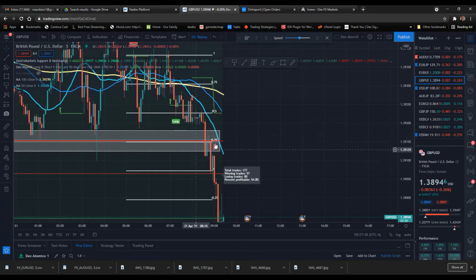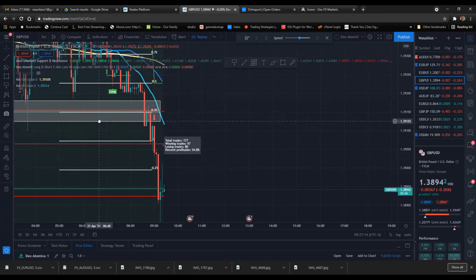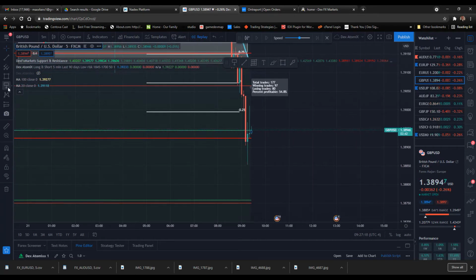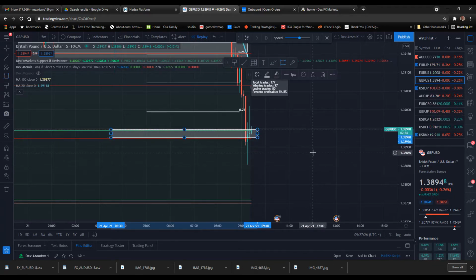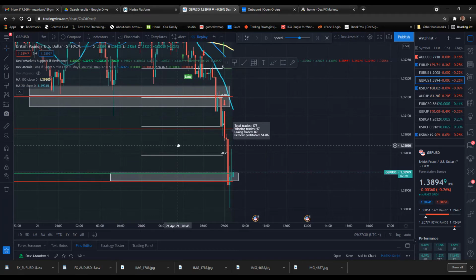This bounced off the mean, which is that red line. And it did its job. Now we're battling down here at this other zone. Now this one's a little bit easier. This green zone, that green to red right there, Christmas zone right there, looks to be about where the strength is. Right?